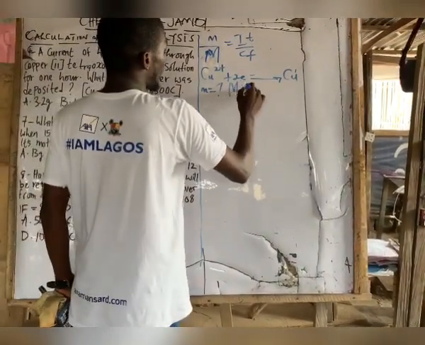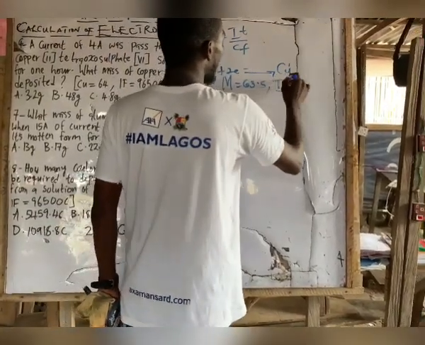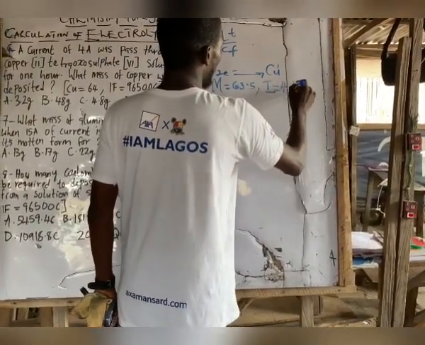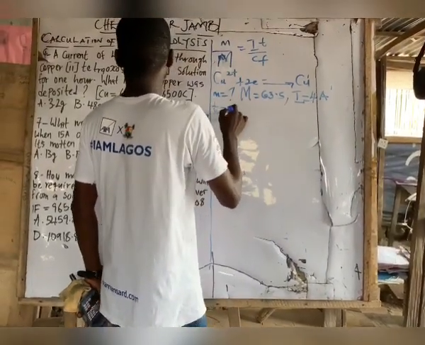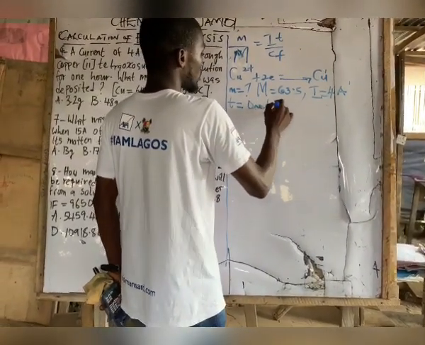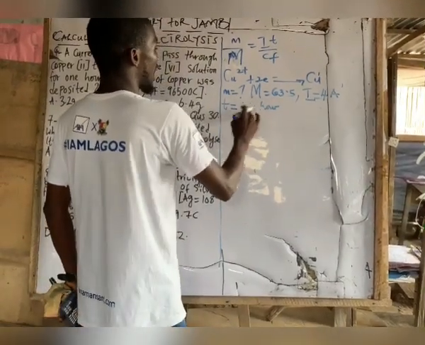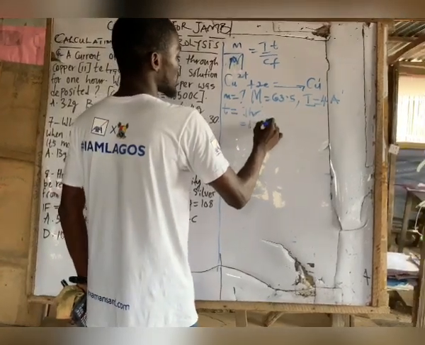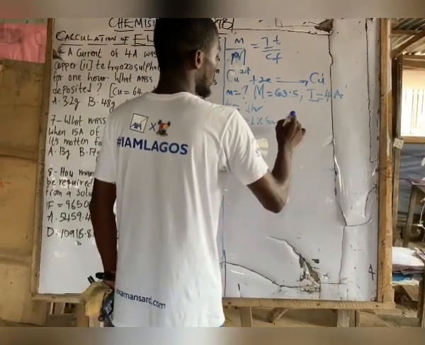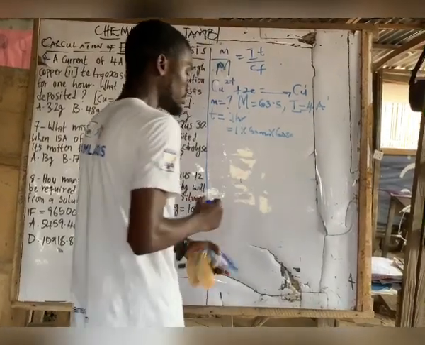The molar mass of copper is 63.5. Our I is 4 ampere. Then our T, we have 1 hour. So now, if you're having this 1 hour, that will give us 1 times 60 minutes multiplied by 60 seconds.